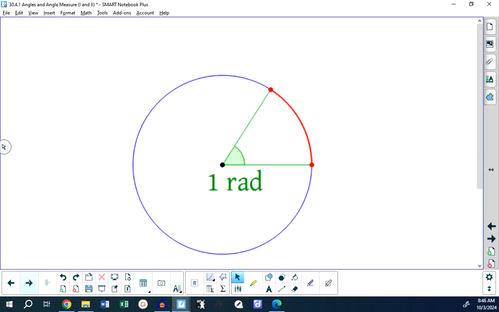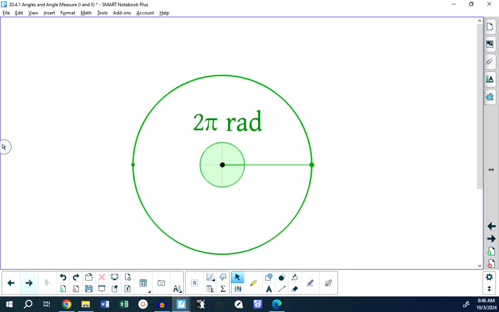And if we extend that and do it again, wrap another radius around, that's 2 radians in total. And if we go a third, that's 3 radians, and it comes up a little bit short of being 180 degrees. That extra amount is 0.141592 radians.